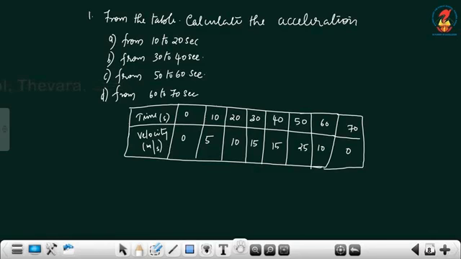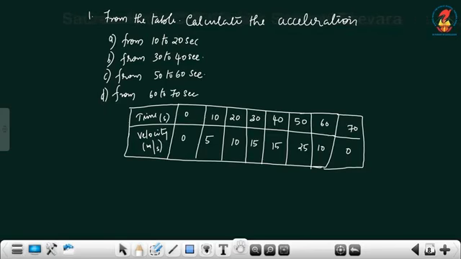That's the question. From the table, calculate the acceleration from 10 to 20 seconds, 30 to 40 seconds, 50 to 60 seconds, 60 to 70 seconds. You need to find the acceleration. Okay.